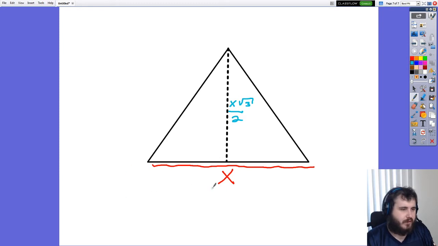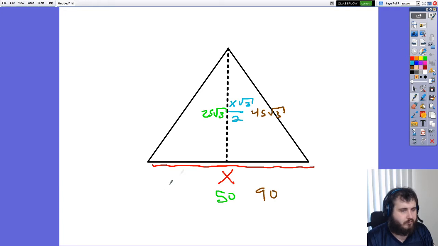So if this is 50, this will be 25 radical 3. If this is 90, then this will be 45 radical 3.